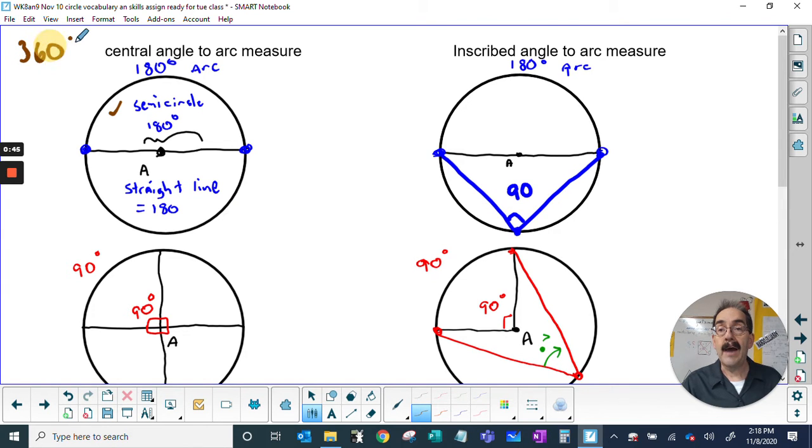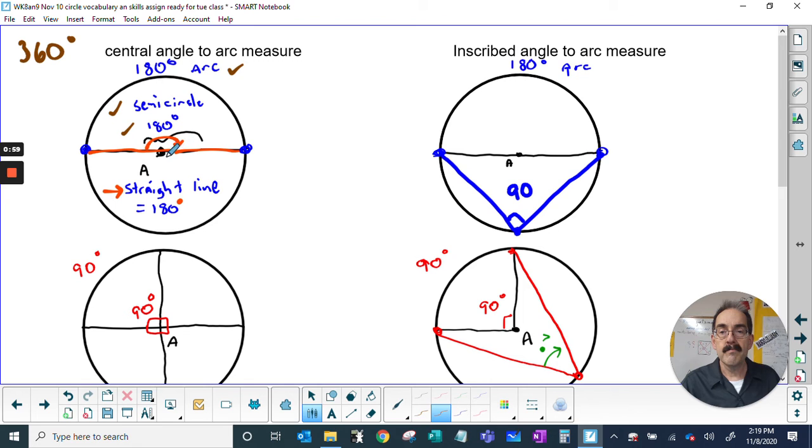Well, half a circle must be 180. The arc created by that angle is also 180. I want you to pay attention: a straight line means 180 degrees. So this line is 180 degrees from here to here.